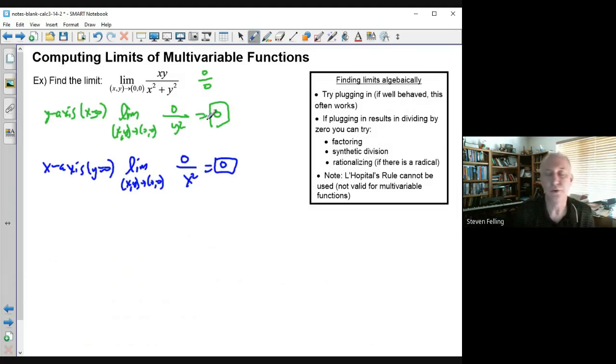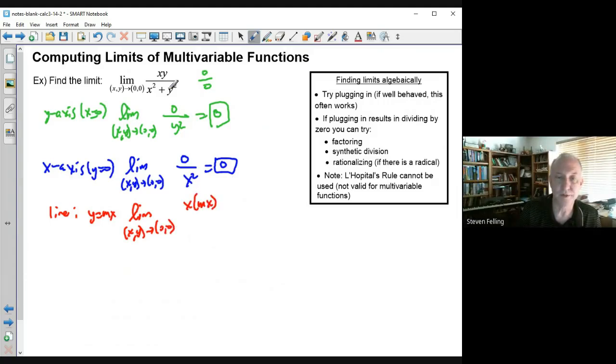So the next simplest thing we can do, other than just plugging zeros in, is we can pick a line. Okay, so let's try that. We'll try a line. And for a line, the simplest way to express a line is y equals mx. Okay, I'm just going to try that line right there. So what I'm going to do is substitute m times x in for y into the limit expression. Okay, so this will be x, and then the y will be mx, substituting for this y, and then I have x squared plus y squared is (mx) squared.